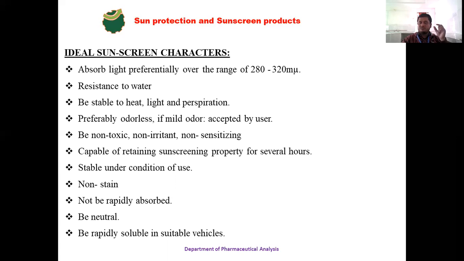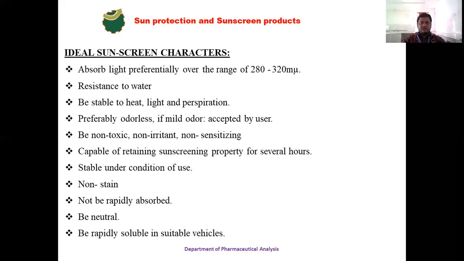Suppose we are preparing a cream type, then the sunscreen ingredient should be soluble, whether in water or in oil. If we are preparing a sunscreen preparation of an oil type, it should be soluble in oil. So in the particular base or vehicle, that sunscreen ingredient should be soluble.